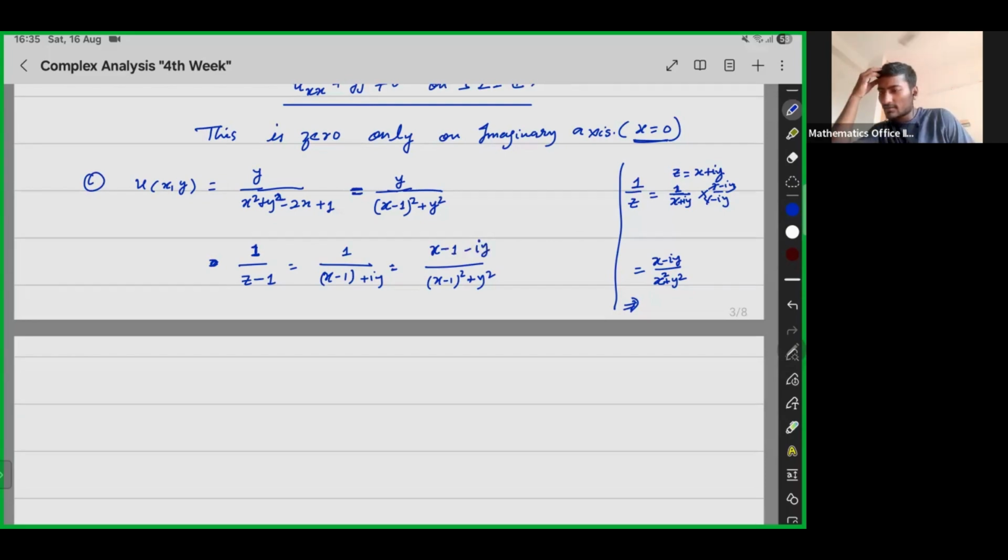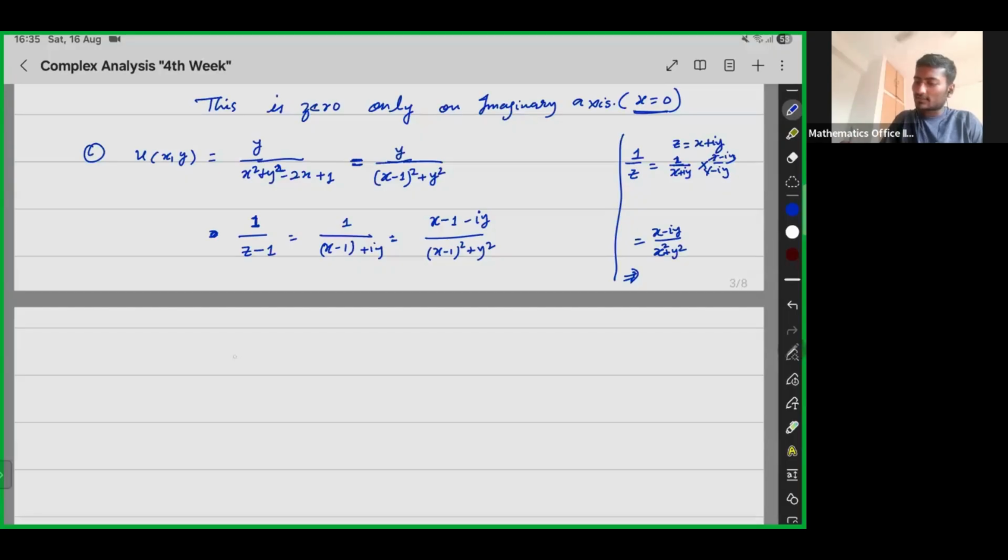Now if we multiply everywhere by plus i, what does it become? So from here it is clear that i by z minus 1. I'm trying to make, okay, no, nothing to multiply.